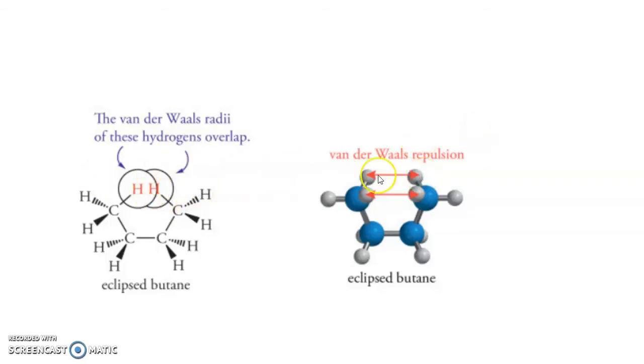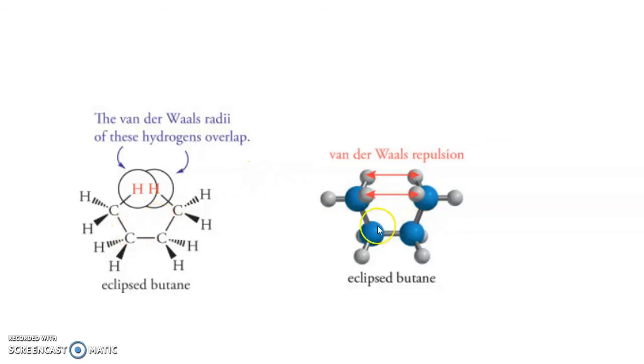The distance between the hydrogen atoms of the methyl groups in n-butane is less than the van der Waals radii of hydrogens, so the energy of the molecule will be raised. That's one reason for high energy, the van der Waals repulsion.